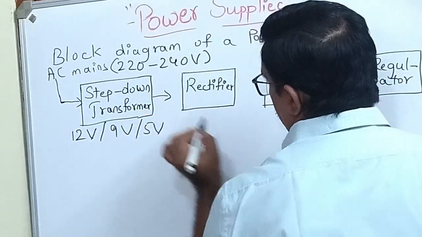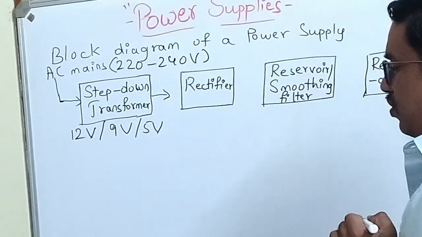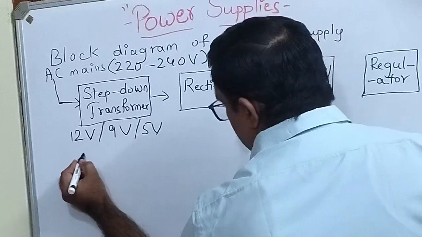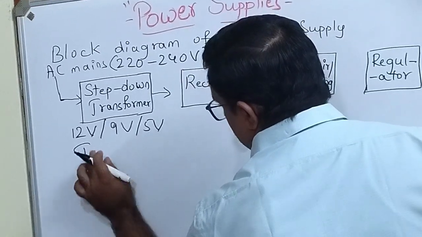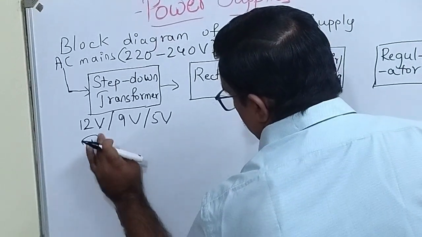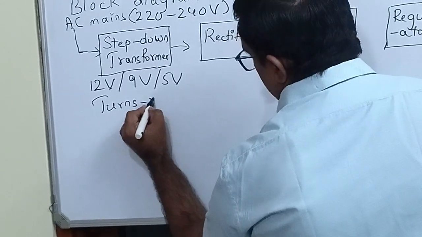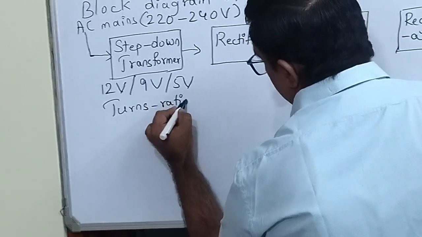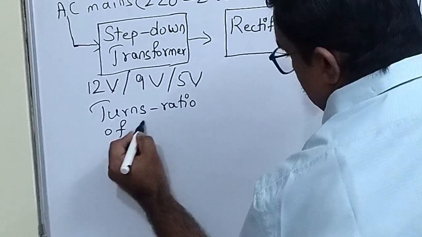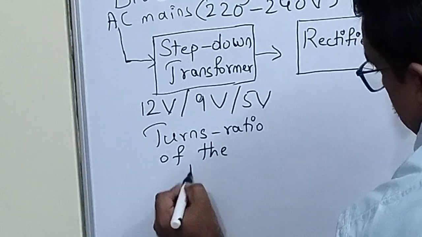That is the output of the step down transformer, and it depends on the turns ratio of the transformer.